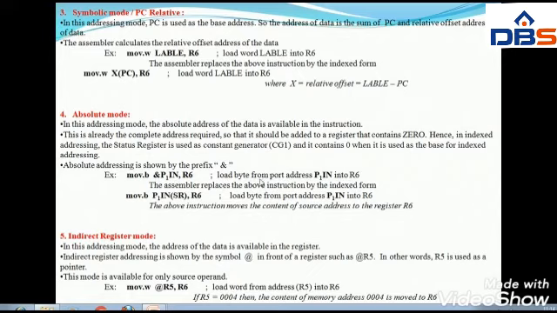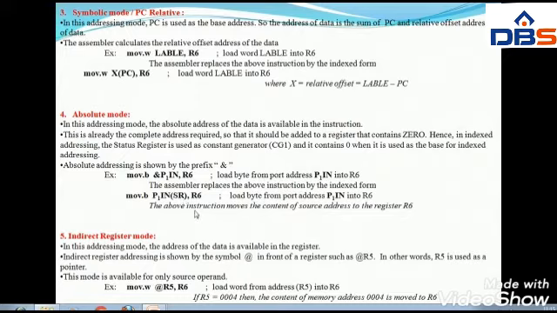That means load the byte from port address P1IN into R6. Here the assembler replaces the above instruction by an indexed form. Here instead of P1IN, we have given the ampersand symbol. Instead of this they have given a source register.